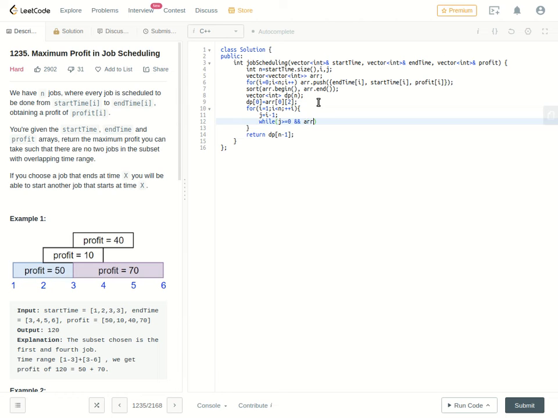So array of i[1], which is the current job's start time, should be greater than the previous job's end time, array of j[0].